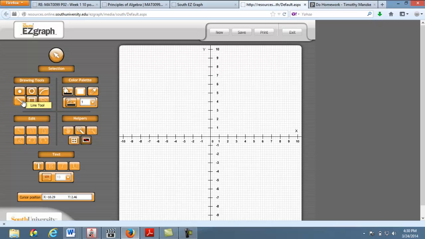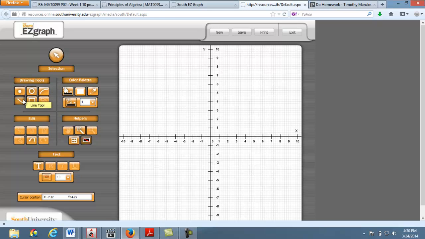Again, I'm going to choose a line tool. We said that (0, 3) was the y-intercept, so I'm going to click on there, and then (6, 0) is the x-intercept.